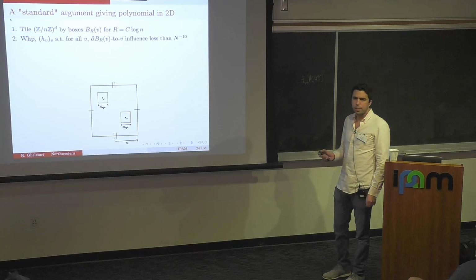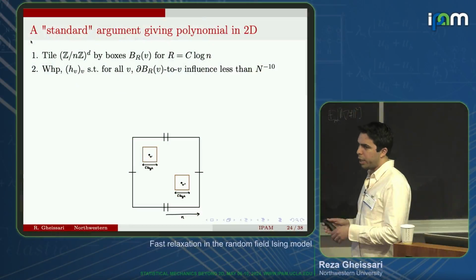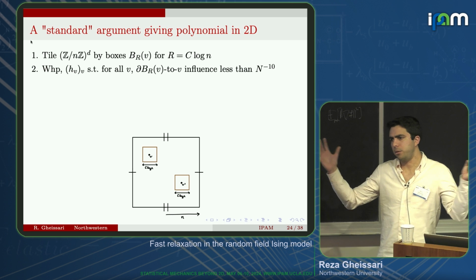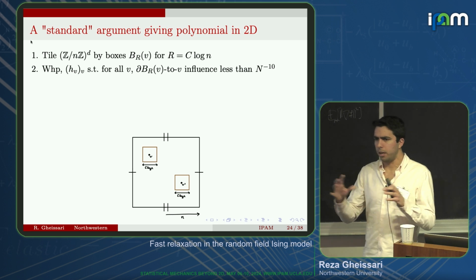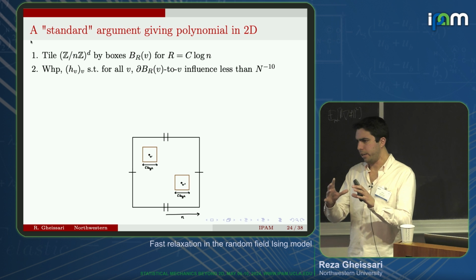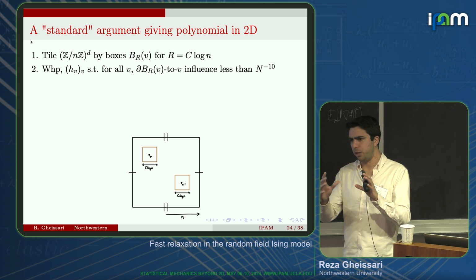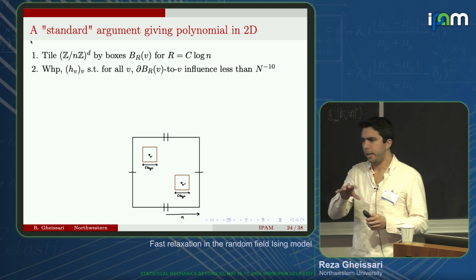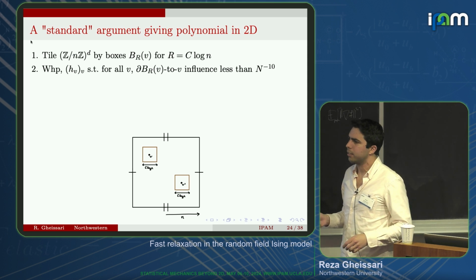So a standard argument for bounding mixing times on lattices is you want to do some kind of multi-scale argument. So you want to localize and say that a small region won't really influence other places, and its mixing time is reasonably fast.